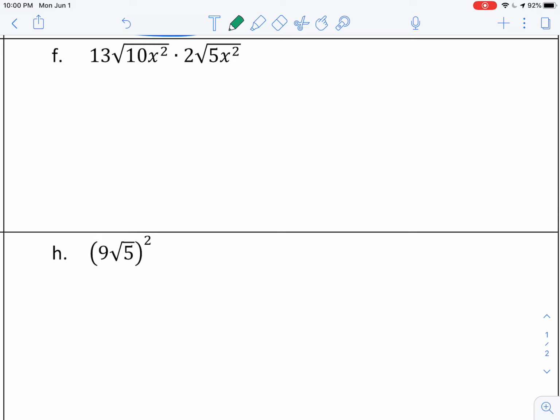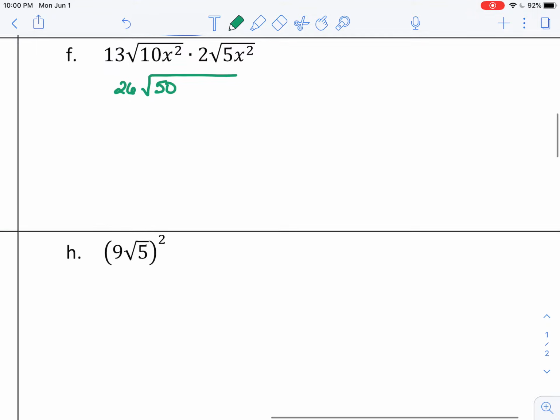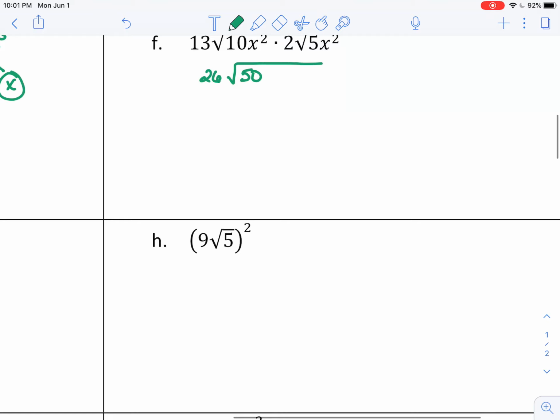So multiply, simplify. My coefficients, the numbers out front, are a 13 and a 2. 13 times 2 is 26. Outside the radical still. Inside the radical is the 10 times the 5, which is 50. And then an x squared times an x squared. So just as a reminder, I'm going to squeeze it in over here.